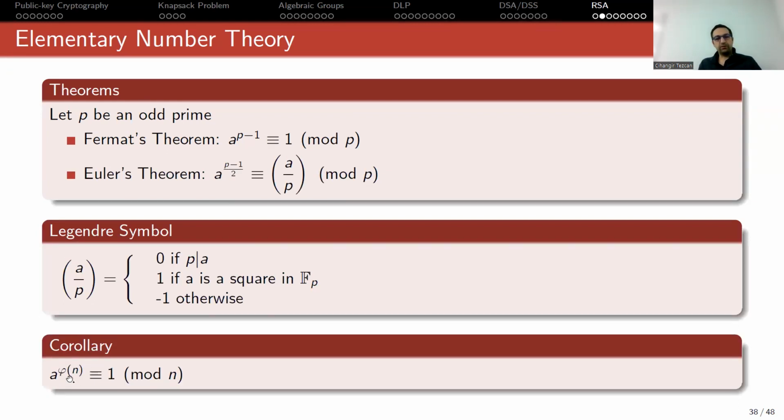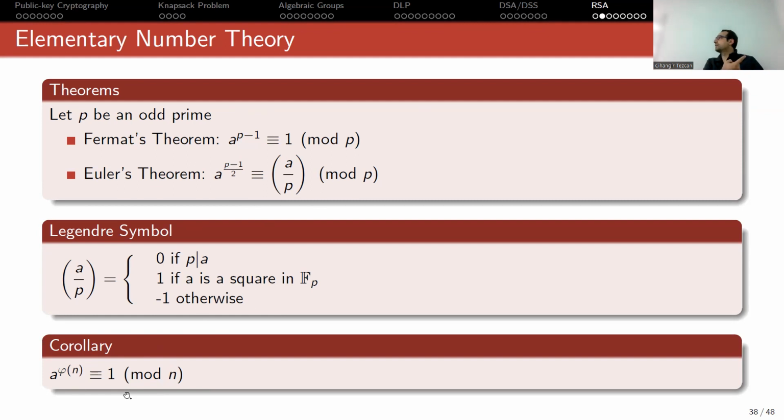The corollary is a to the phi n modulo n is 1. I'm not proving it here, and it may not be directly easy to see, but think about the prime decomposition of n, think about Fermat's theorem, and use it repeatedly. This will be the result.